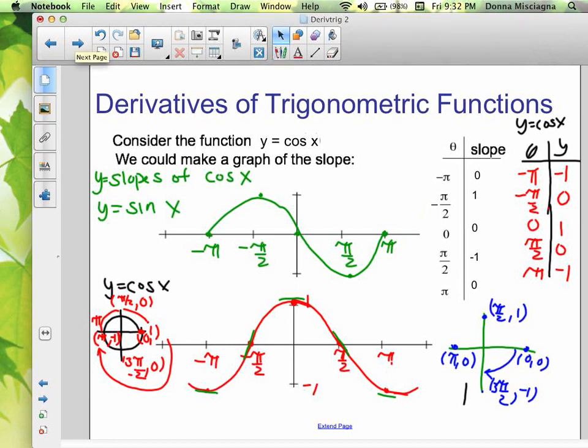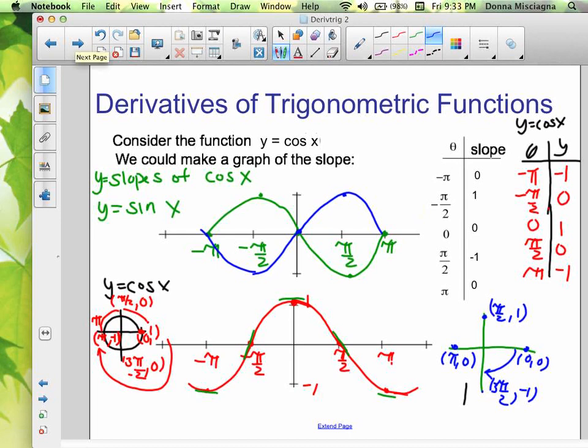No, this is sine x. It looks so much like sine x, but not quite, because sine x is going to come up here. So it's at 0, 0, then pi halves 1, not pi halves negative 1. And then negative pi halves, it would be at negative 1. And then it would go to 0.